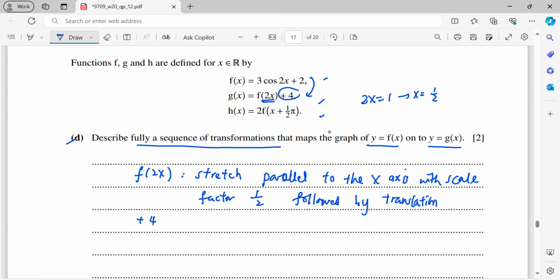The plus 4 is the effect on the y value. x has no change, therefore the translation is (0, 4). So you must understand the plus 4 is a translation of (0, 4), and the 2x in f(2x) is the stretch parallel to the x-axis with scale factor half. So this is the transformation.